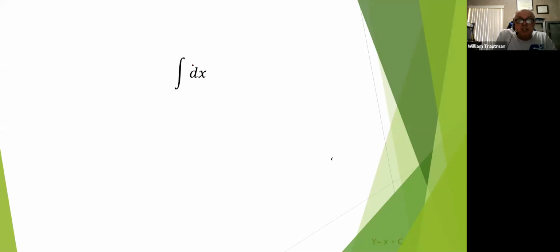Once again, it's just dx. If you don't see a number, there's an invisible 1, just like if you have x, it's really 1x. I don't see a number, so there is a 1 here. And we already said integrating a constant is the same thing as integrating 1 times x to the 0 dx. You add 1, and then you put this new power 1 on the bottom.